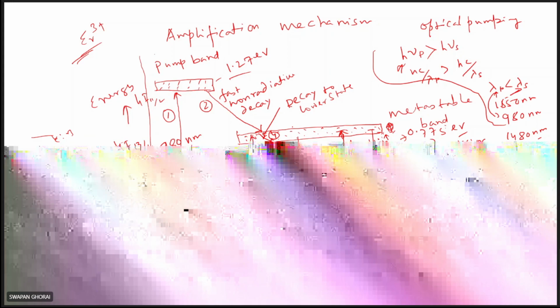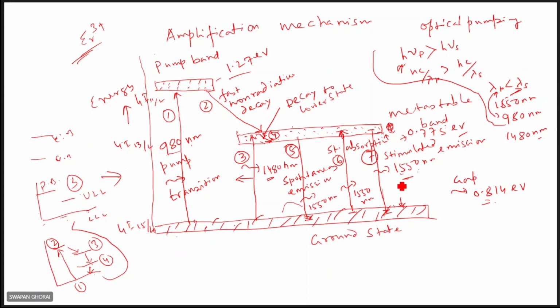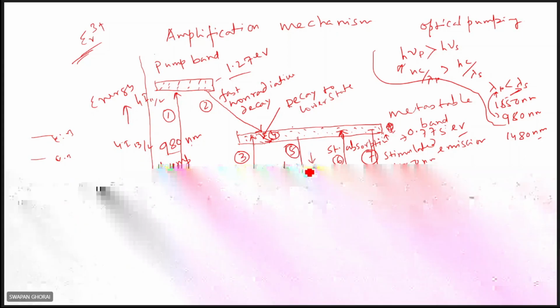Next, when the signal photon strikes the system, then there can be stimulated emission. You see there is a stimulated emission, which is the same as the incident photons at 1550 nanometers. Of course, you cannot avoid this fifth transition, that is a spontaneous transition. This always will be there. Whether stimulated emission is there or not, spontaneous emission always will be there.